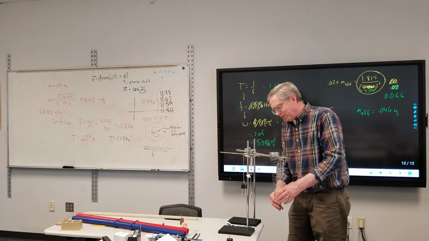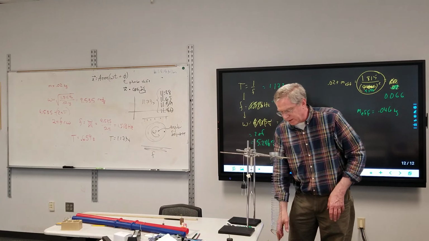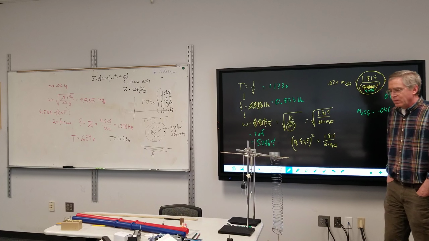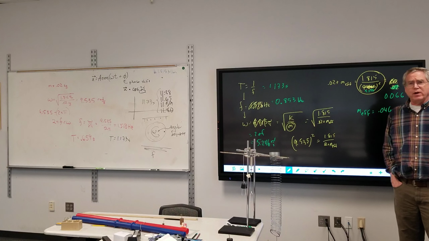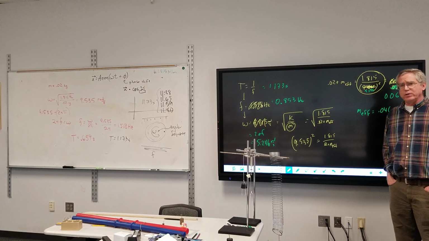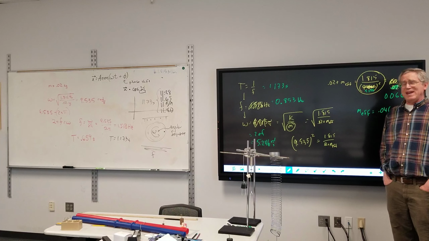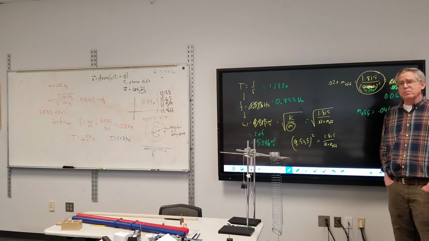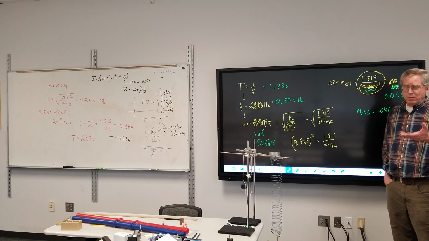Now notice that the amplitude is not part of any of these calculations. All right, so let's figure out what it is experimentally, then we'll figure out what the prediction is, and we will rejoice at how incredible it's going to be, because this is going to be the physics demo that works perfectly.